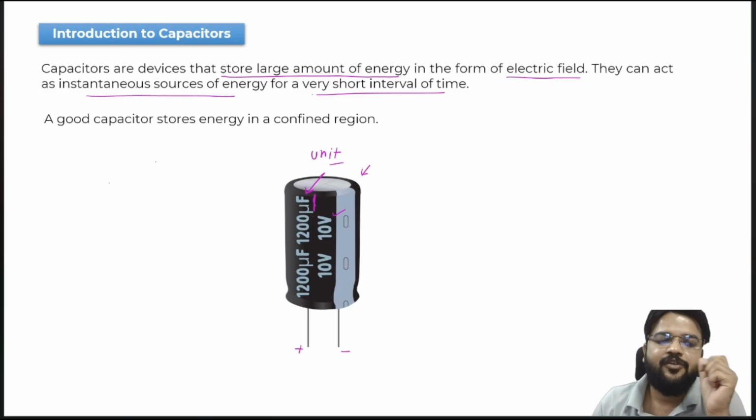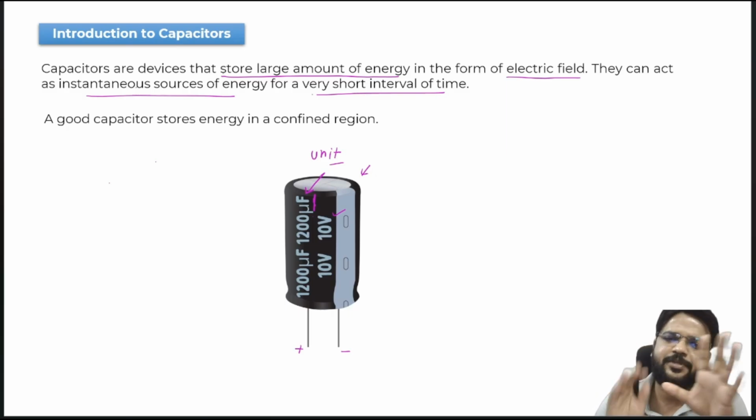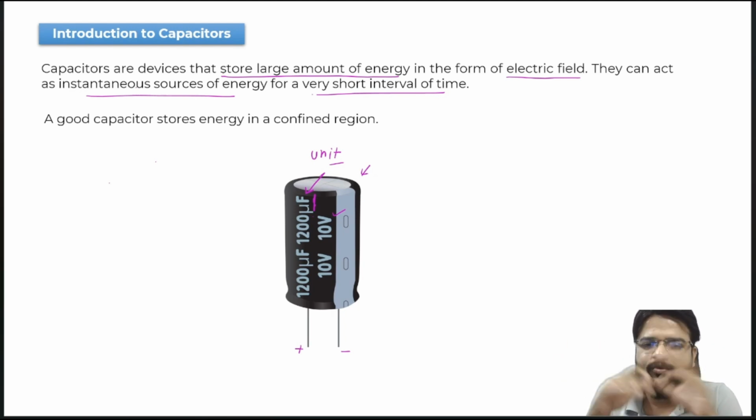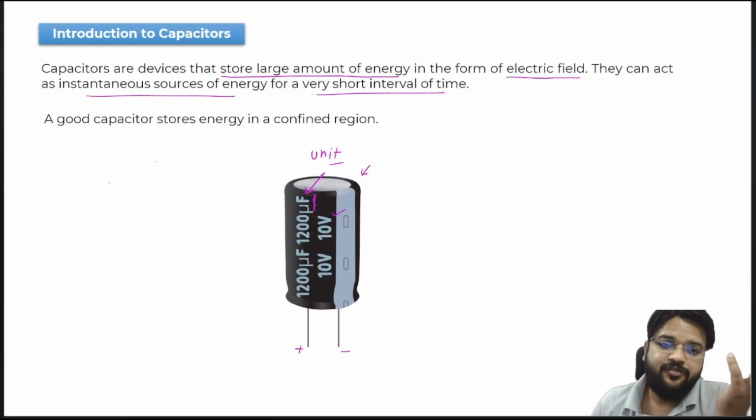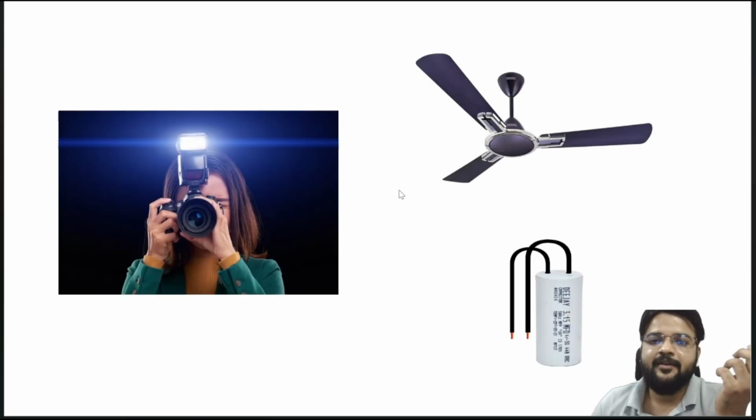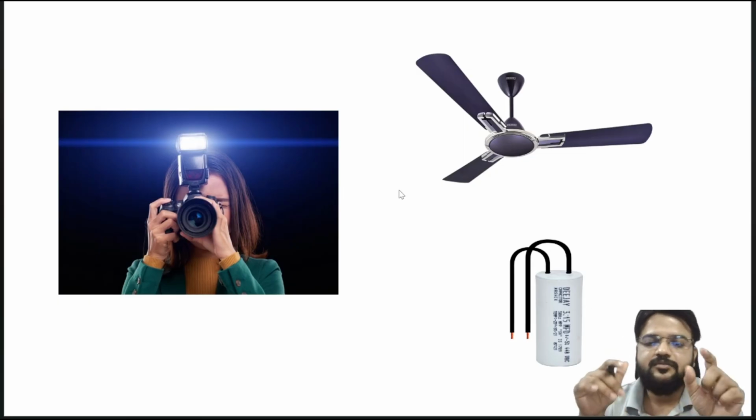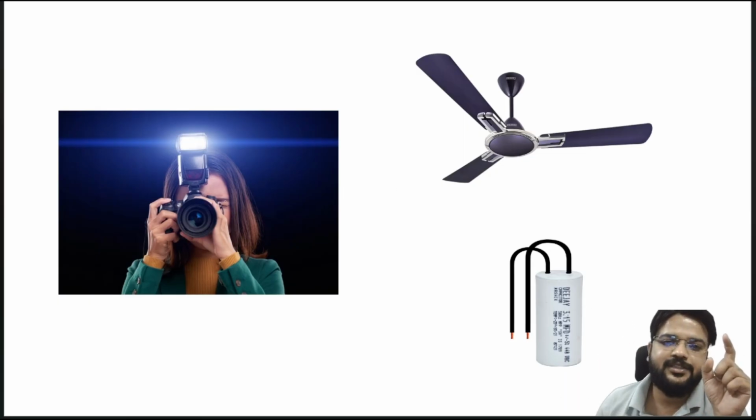Now the next thing is where we are using this capacitor, everyone. We know that it is present in electronic devices, in the mobile phone, in the camera, correct? In the fan also it is present, correct? But why is it necessary here? See it in the flashlight of the camera.